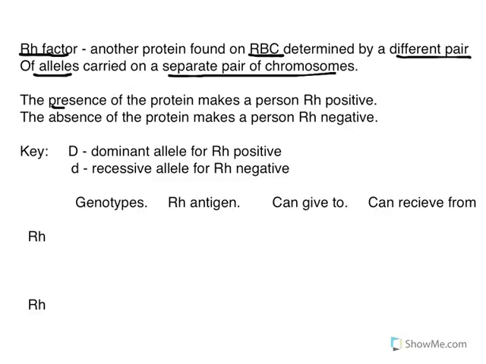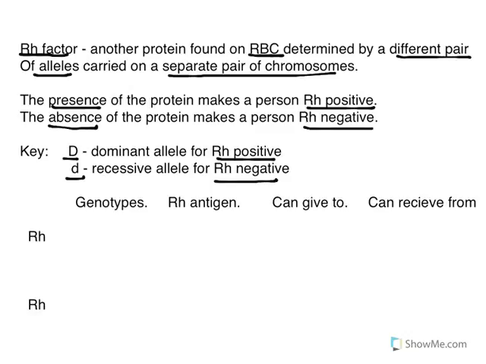Now, if you have the protein, you're going to be Rh positive. If you don't have the protein, you're going to be Rh negative. And the genes that are going to be determining positive or negative, the dominant gene is going to make for the positive condition. The recessive gene is going to make for the negative condition.